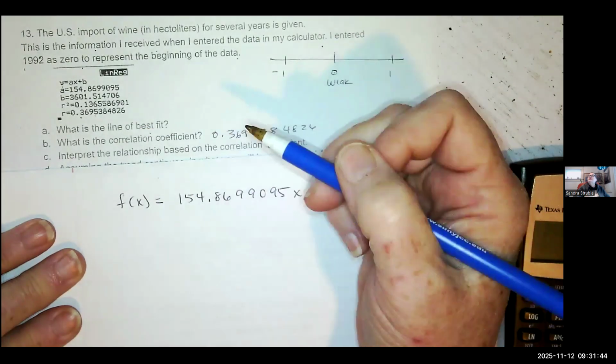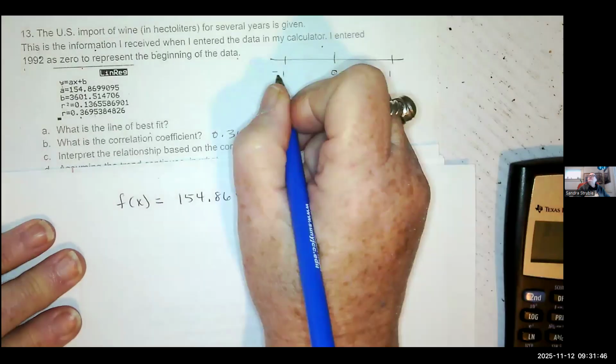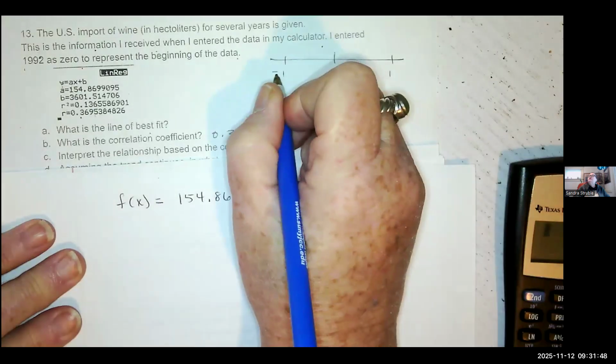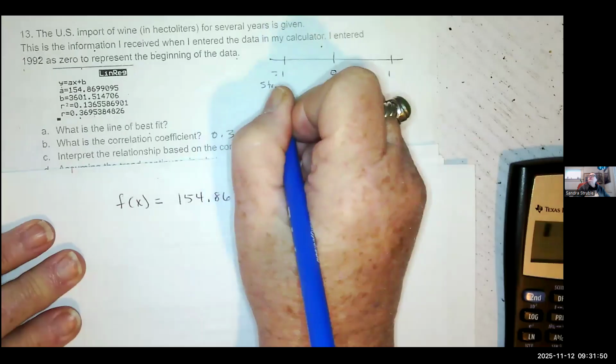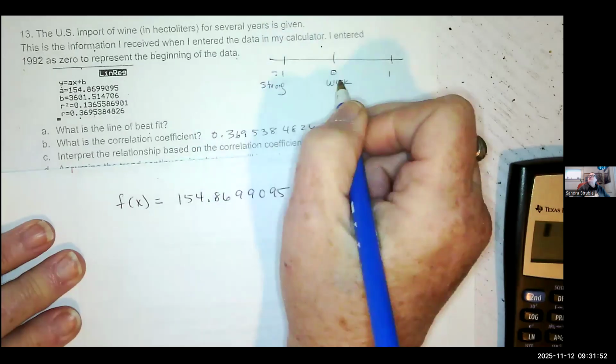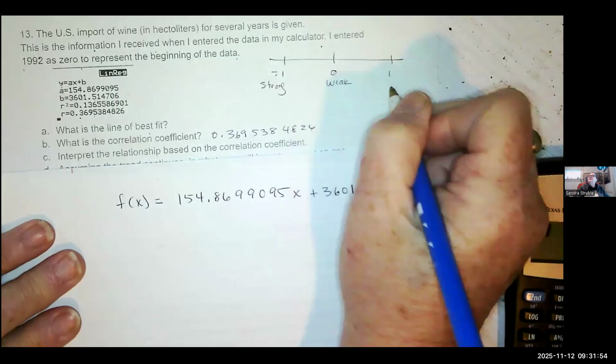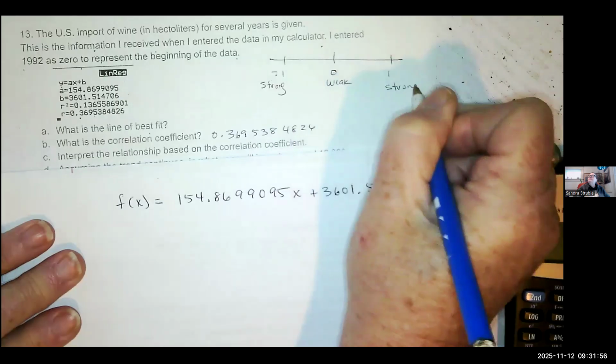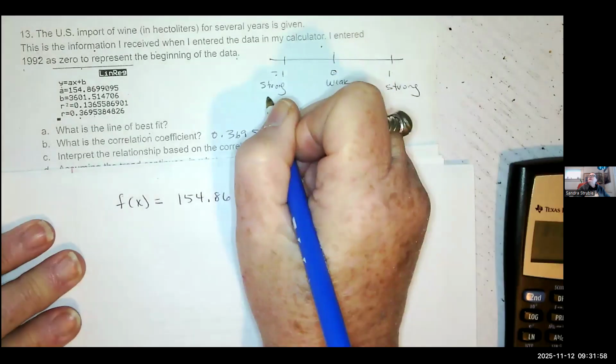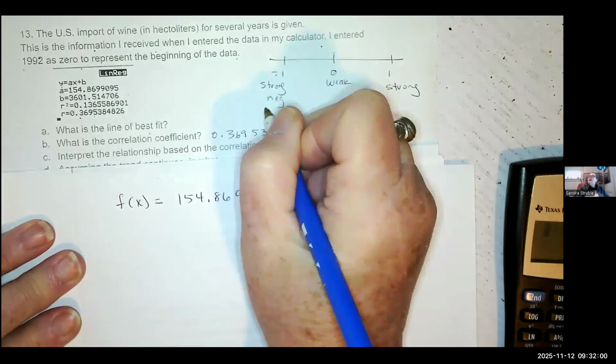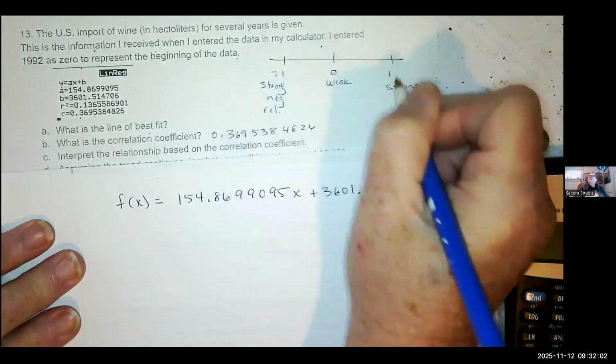If it's closer to -1, that is going to be strong, it could be in between the two. If it's closer to 1, it is strong. The negative would be a negative relationship. And if it's closer to 1 and positive, of course, it would be a positive relationship.